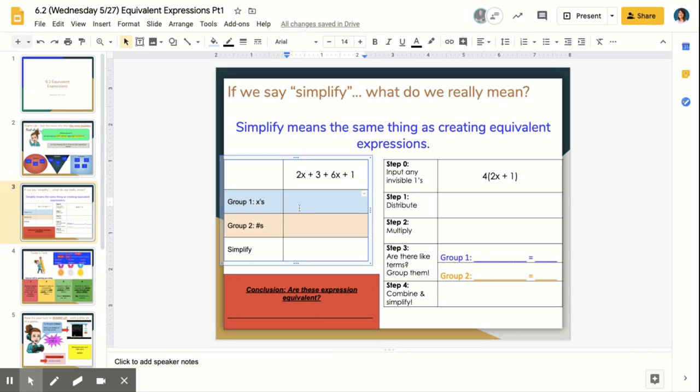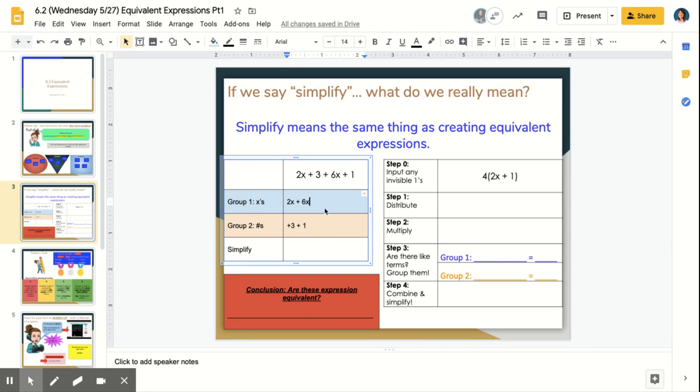All right, so the x's that I see are 2x. So I'm going to type in 2x. And then I also see positive 6x. So that's going to go here. My second group is just my numbers. I see positive 3. And I also see positive 1. All right, now what do I need to do?